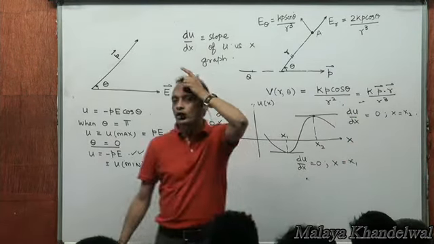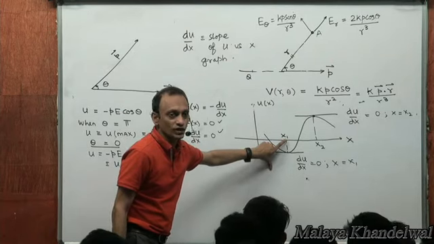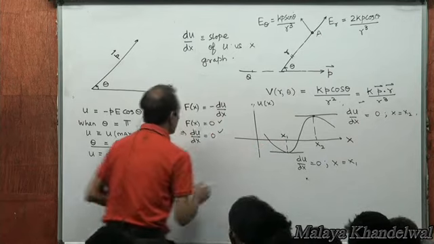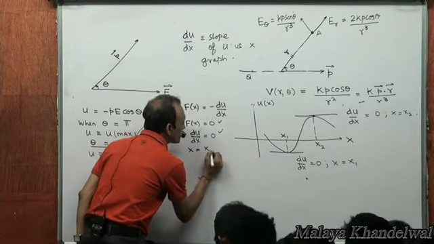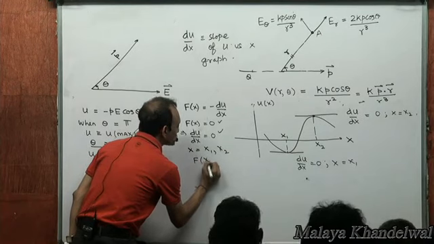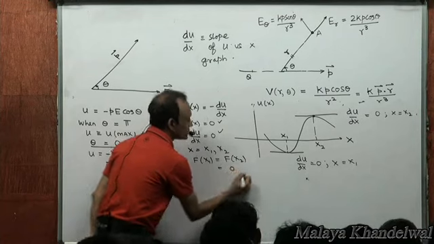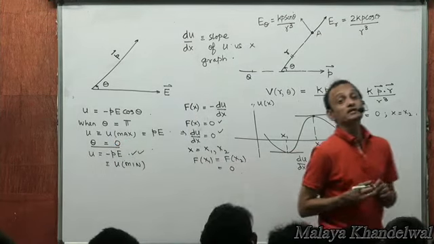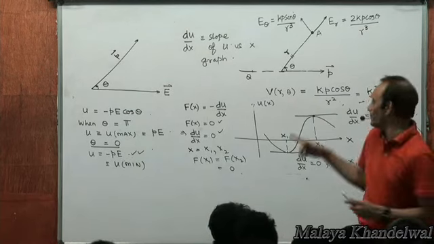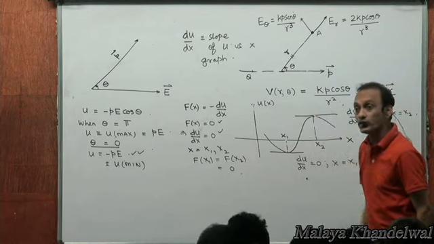That means when the particle was at x1, the force was 0, and when the particle was at x2, the force was 0. The force acting on the particle at x1 and at x2 is 0 in each case. The particle is in equilibrium at x equal to x1 and at x equal to x2.